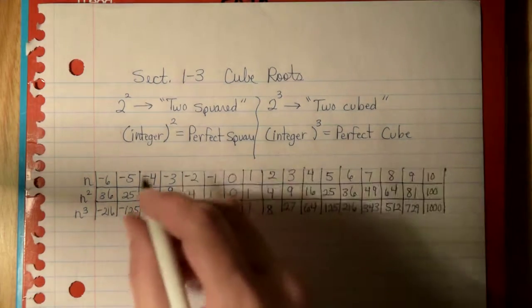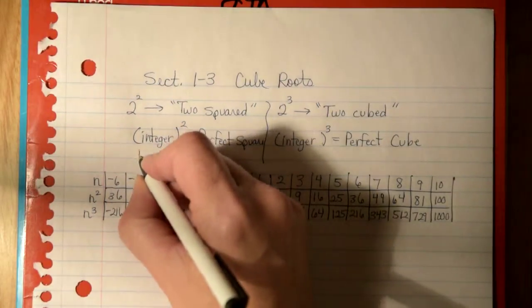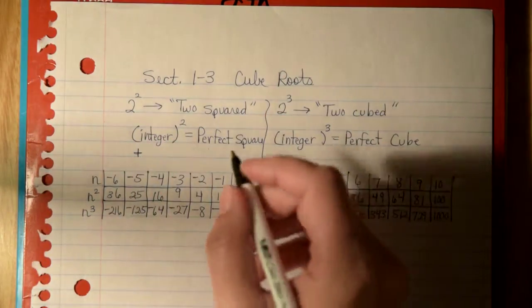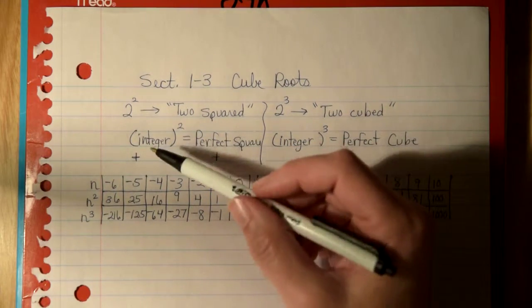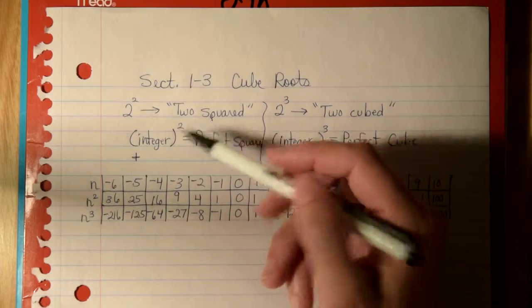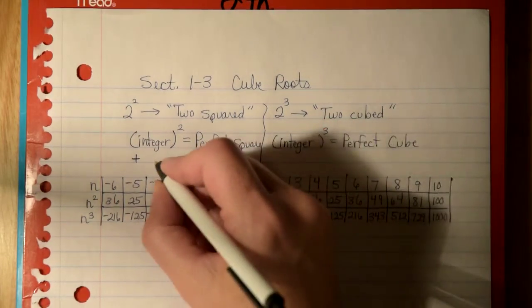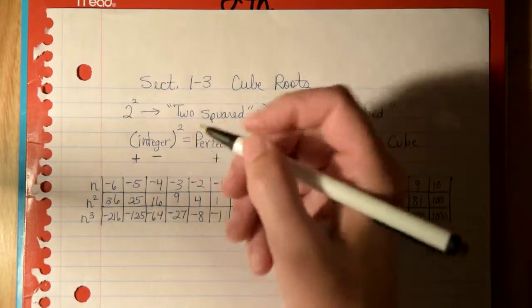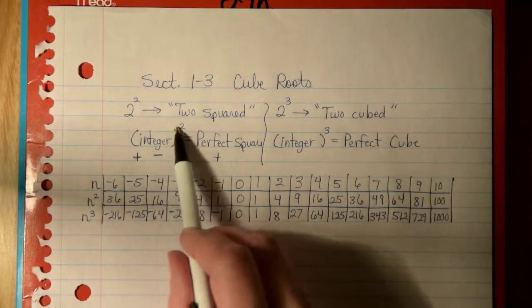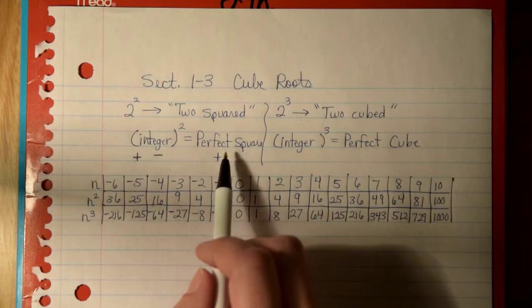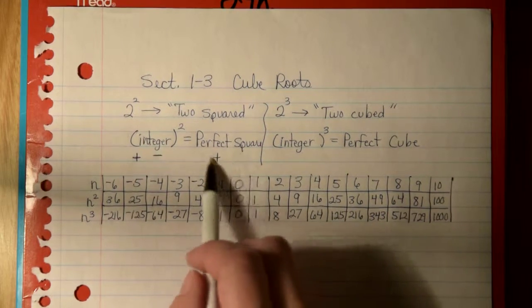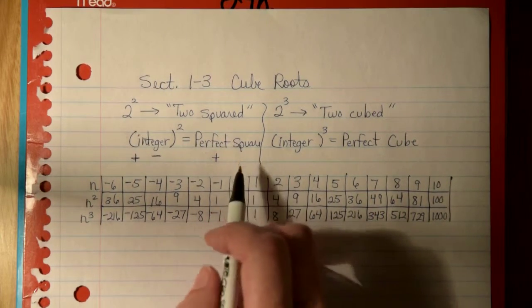Now on the squared side, you could put in a positive integer and you're going to get a positive perfect square, because a positive times a positive makes a positive. Or you could put in a negative integer, and when you square it, that's a negative times a negative, so that's going to come out to be a positive. So perfect squares are always positive.